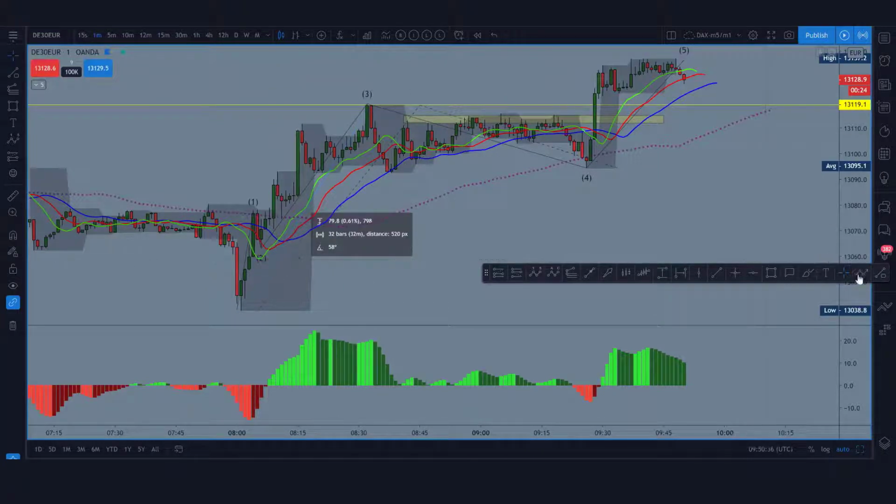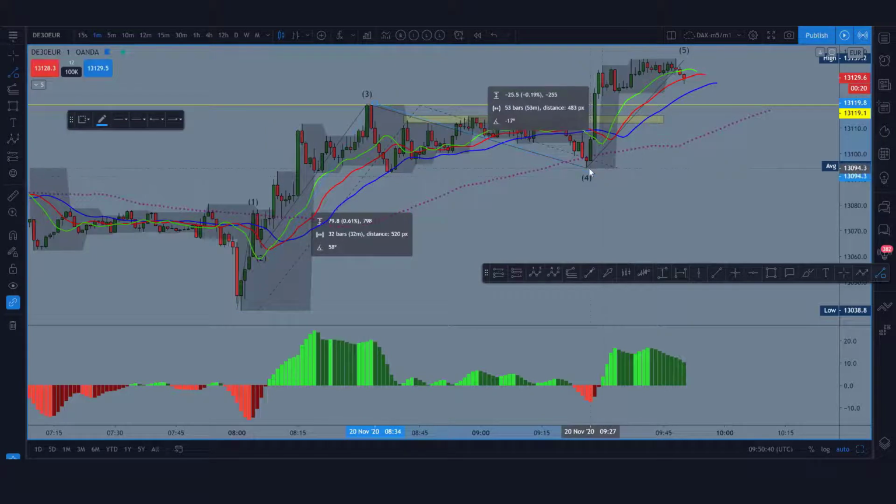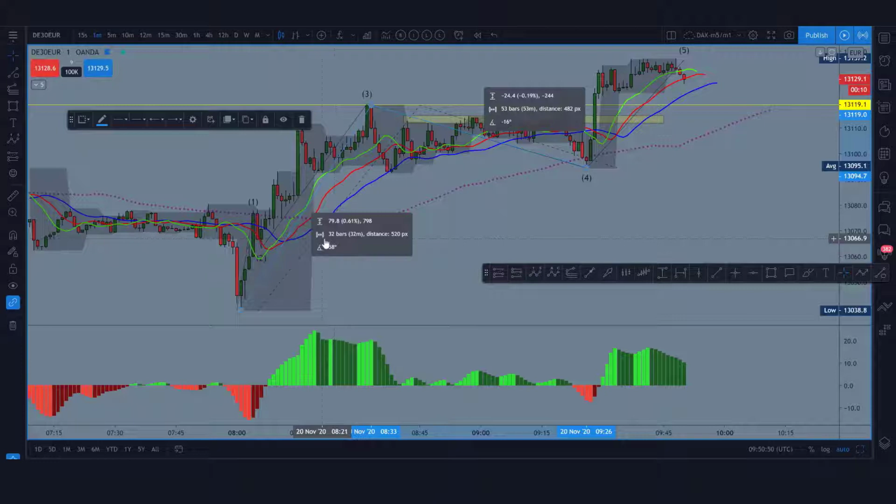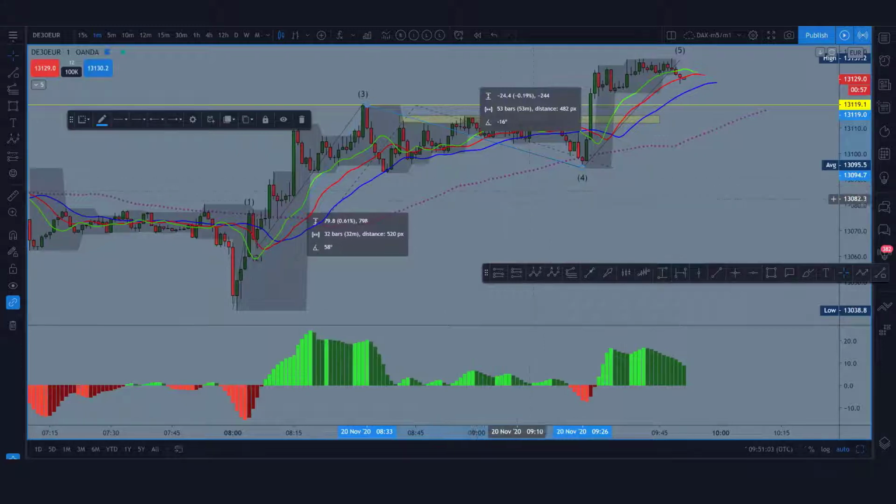And now if you calculate how long is our wave 4, turns out that our wave 4 happens to be around 53 bars. So we have a 32 bar wave 3, or candles or periods, but almost double of that in wave 4. Not the most exciting type of setup.